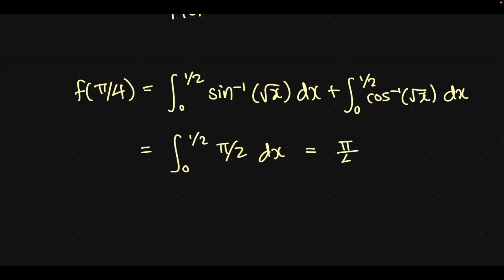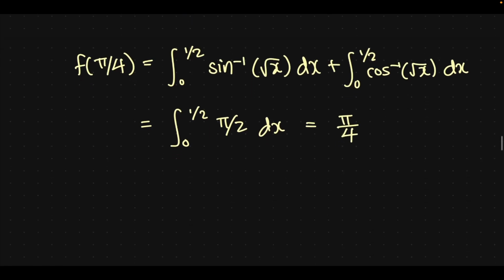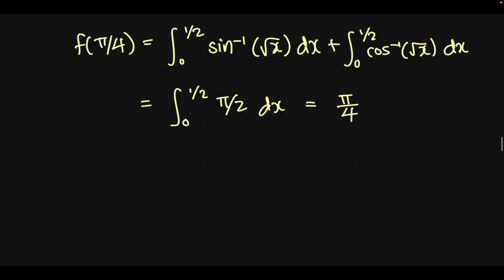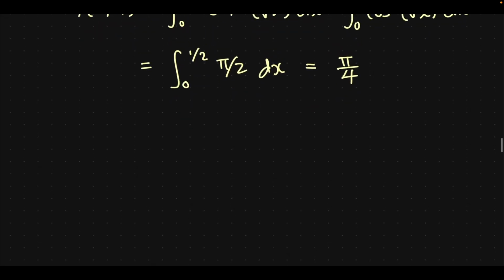And that gives us pi over 4. That's perfect. We've solved that one. There's many ways of reasoning about this. This is probably the most effective one.